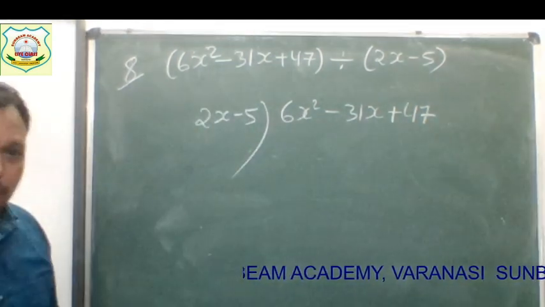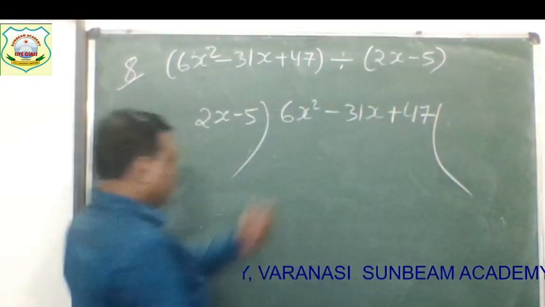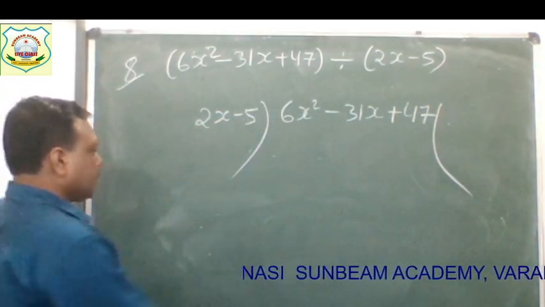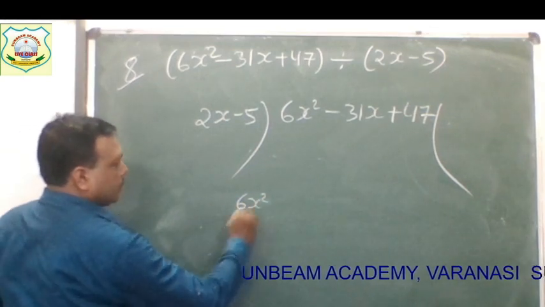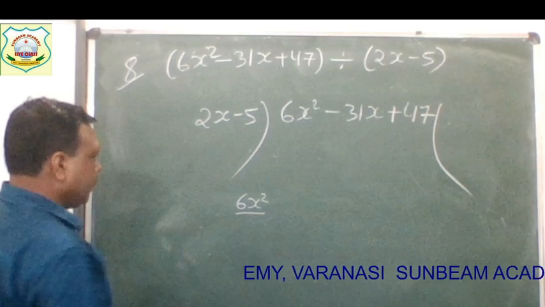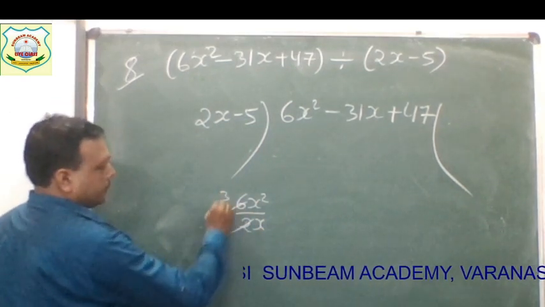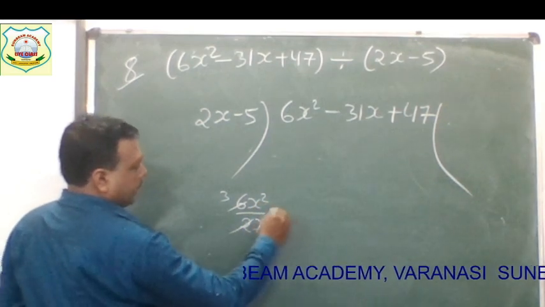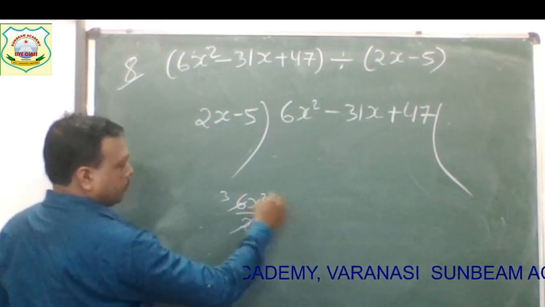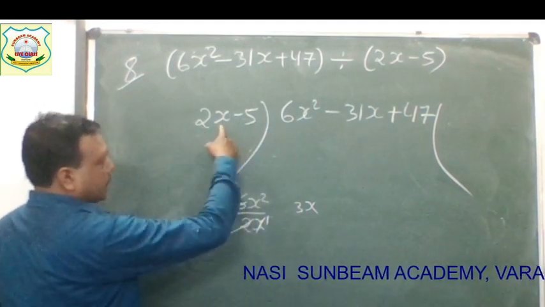Students, same procedure is here as we have done previously. First value we will take 6x square upon 2x. Directly also you can, no problem there, if you know. 3, and x power 2 and x power 1, 2 minus 1, 1. 3x will come. 3 times 2 is 6 and x into x, x square.